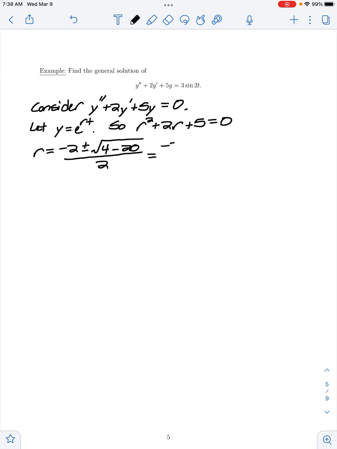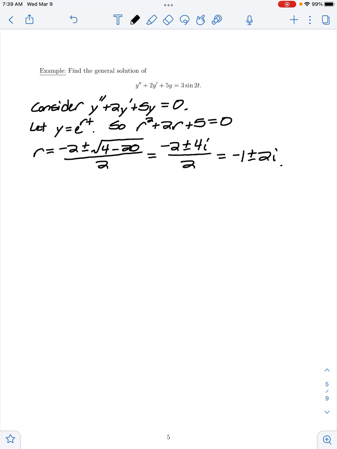So this gives us -2 plus or minus the square root of -16, which would be 4i, all over 2. And so we have -1 plus or minus 2i.